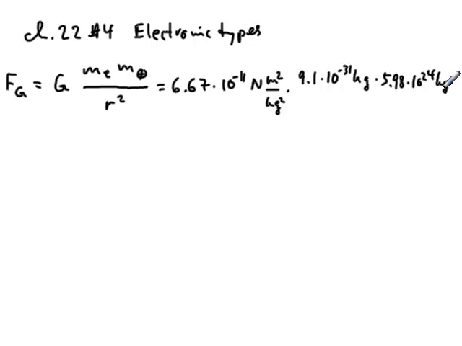I believe in our book it's actually given as 6 times 10 to the... No, it is 5.98 times 10 to the 24 kilograms, so it's not even rounded in our book. And then a fraction bar that actually came out pretty good, divided by the radius of the Earth, which is 6.37 times 10 to the 6 meters.